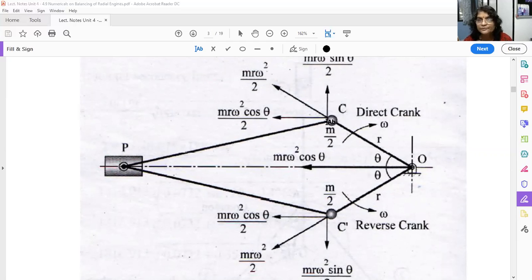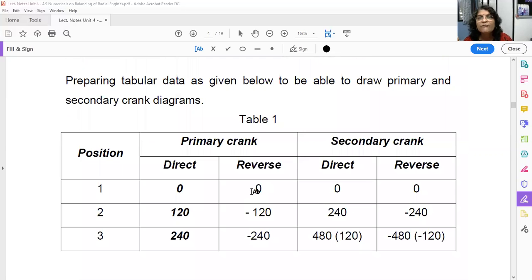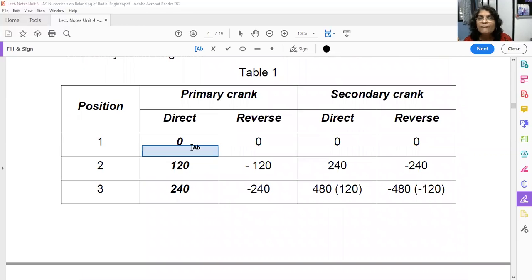So this is your first column. For all 3 cylinders, we have to rotate m/2 such that the mass is at the crank pin. Remember, there is only one crank.